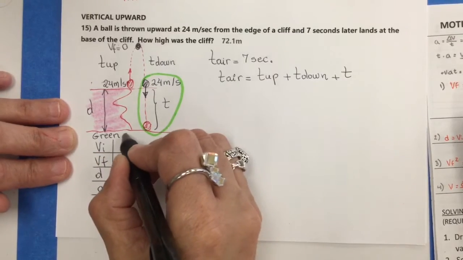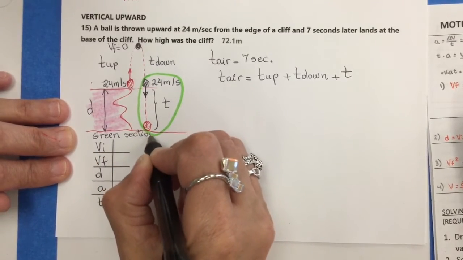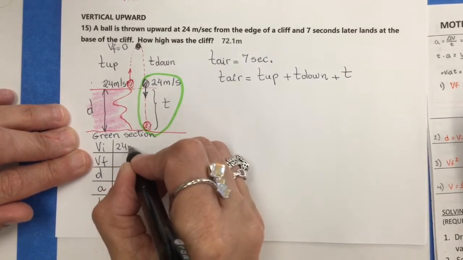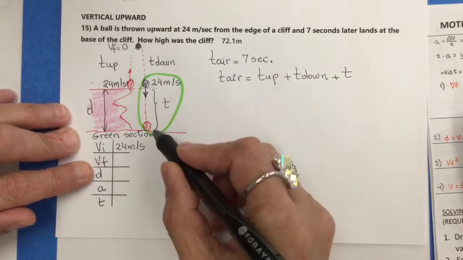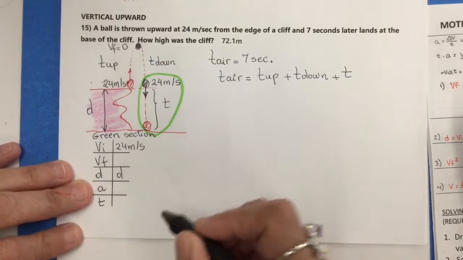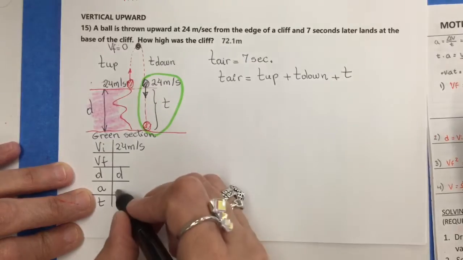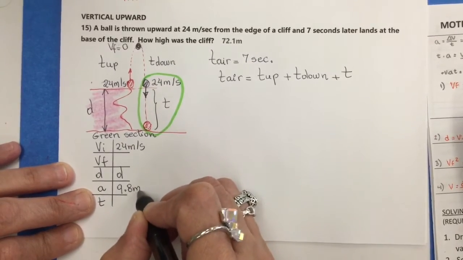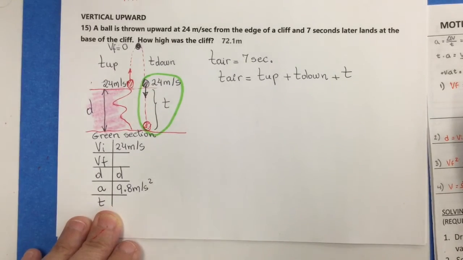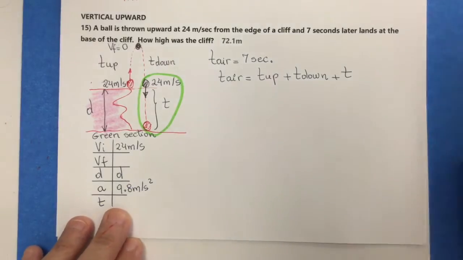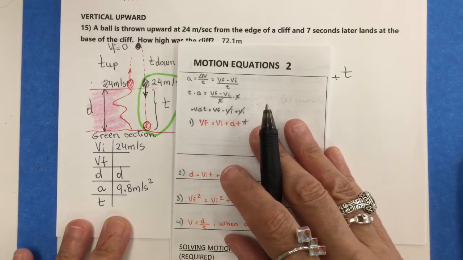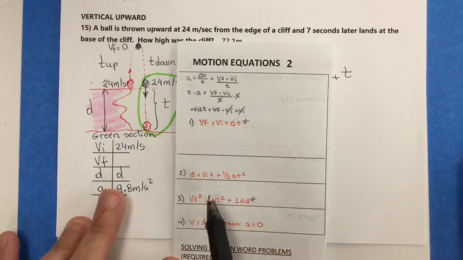So in this green section, our VI is 24. Our VF, we don't know, it is the velocity that hits the ground. The distance, that's what we are looking for. The acceleration is the acceleration of gravity, 9.80 meters per second squared positive. And we don't have this time. Okay, so we'll need to know this time in order to use these equations and find the height of the cliff.